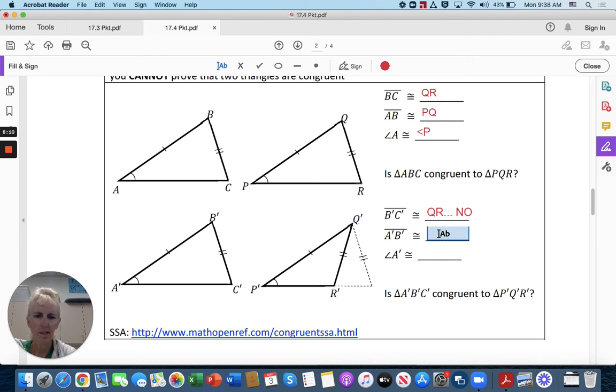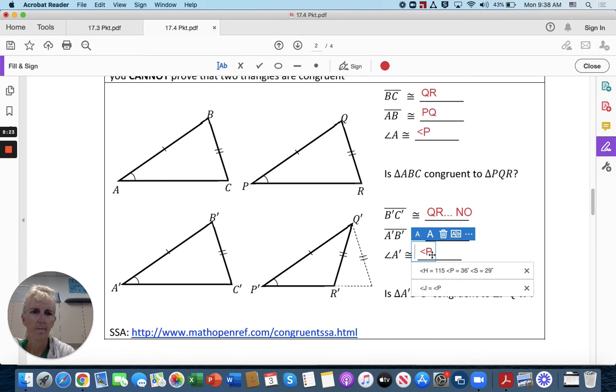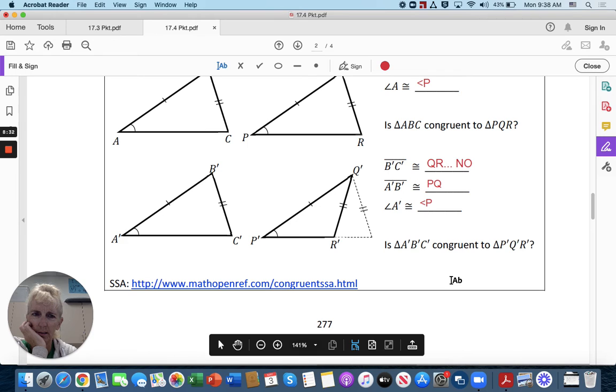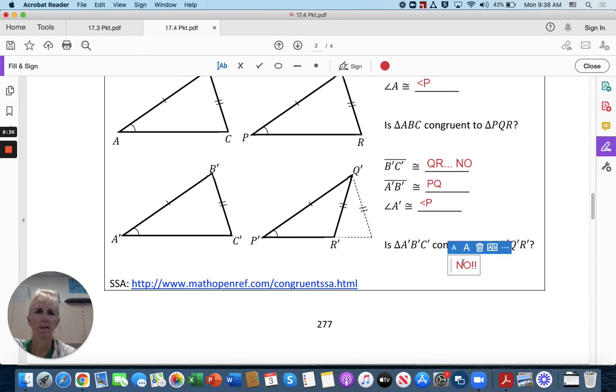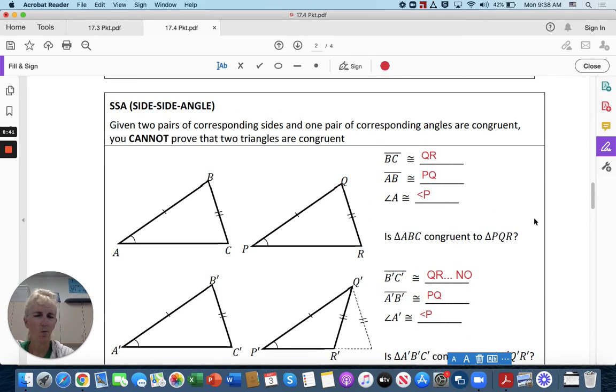You could probably say yes. And angle A is congruent to angle P. Is triangle ABC congruent to triangle PQR? And the answer is no. Okay, so that's why side-side-angle does not work.